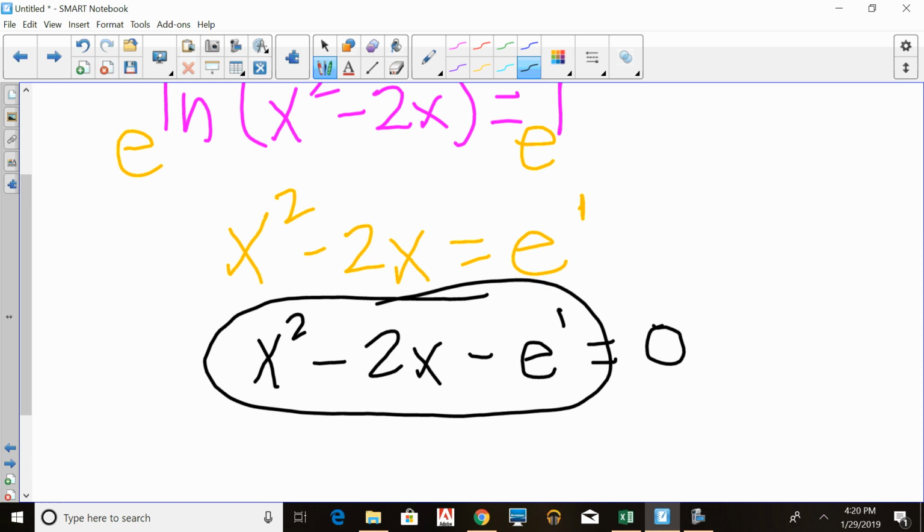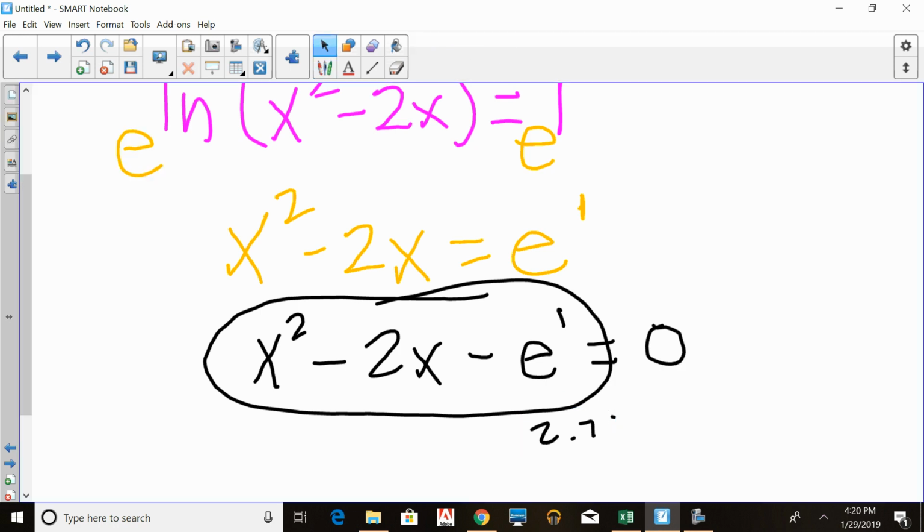E to the first is some value which is approximately 2.718.